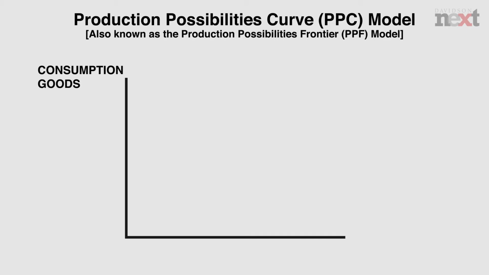So in that abstract sense, we're going to have a model here that has a category of goods on each axis. We're going to have up here on the y-axis consumption goods, and on the x-axis, capital goods. Now, you may see this done differently in different places.